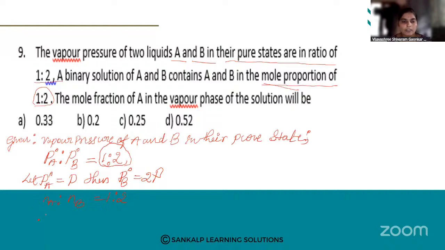So I take Na as 1. Then Nb will be 2. Right? Because ratio is 1 is to 2. So let Na equal to 1 implies Nb equal to 2. Right? This is given. Next, what we have to do?